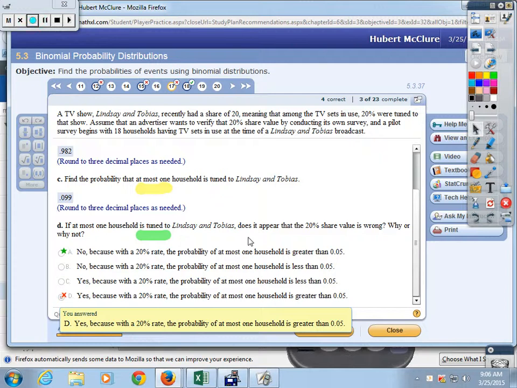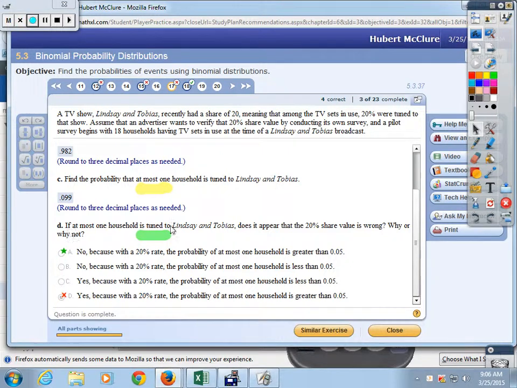I don't agree with this because it says, does it appear that the 20% share value is wrong? If they would have said, does it appear that this falls within the 20% share value? Yes.